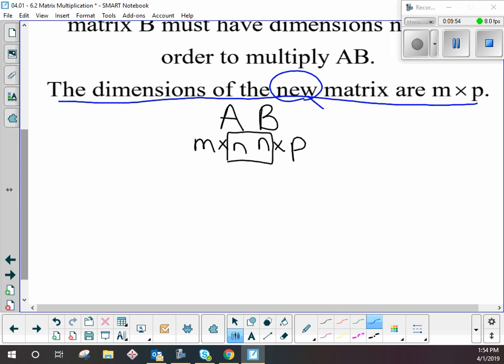And instead of new, I like this better, your answer matrix. I mean, it is new, but more specifically, I'm concerned that you understand it's your answers, the matrix with the answer. The dimensions of the answer matrix will be m by p. It'll be the rows of the first and the columns of the second one. And when we actually do an example, this will sort of all come together for you.